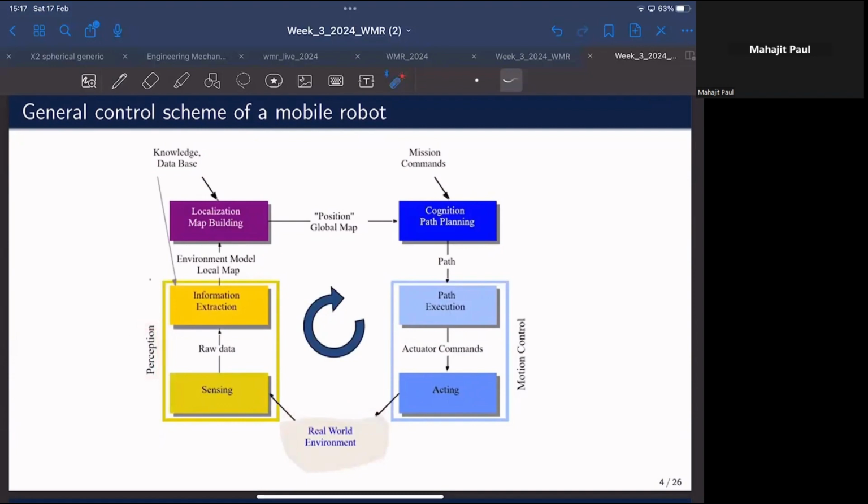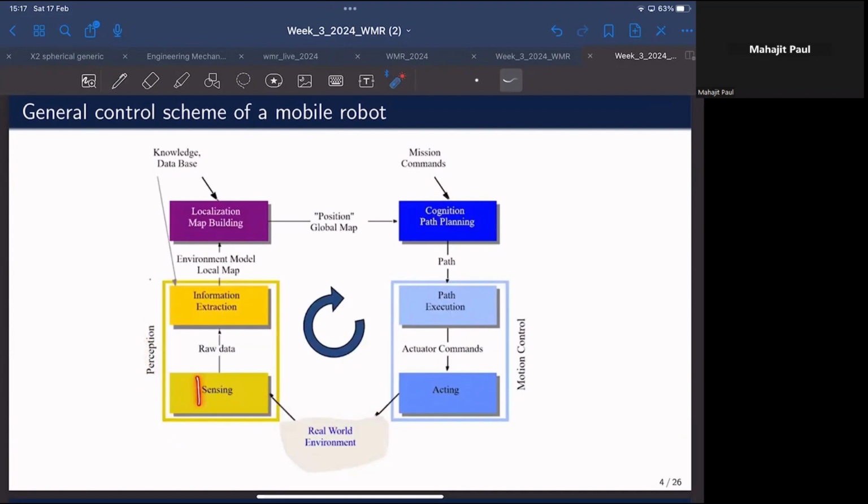The first step a mobile robot will have to execute is to perceive its real world environment. What are the features present in this environment? Where are the obstacles? All these things it can learn through sensing. We call everything contained in this block by a blanket term, perception, which consists of sensing.